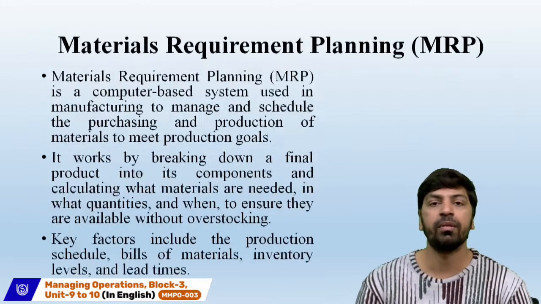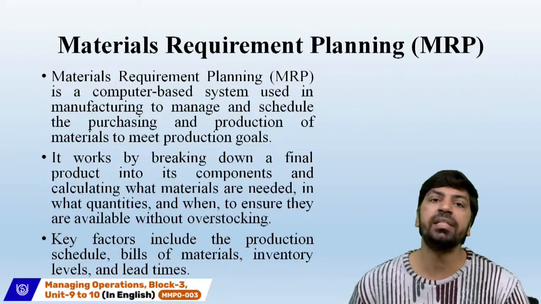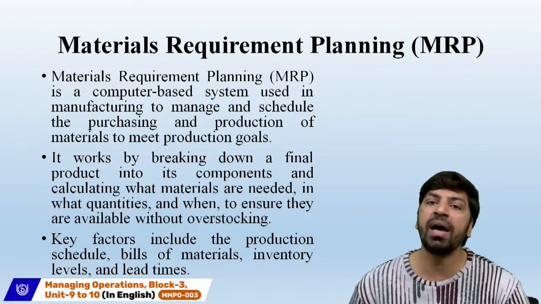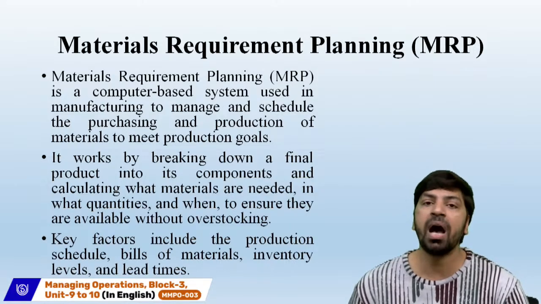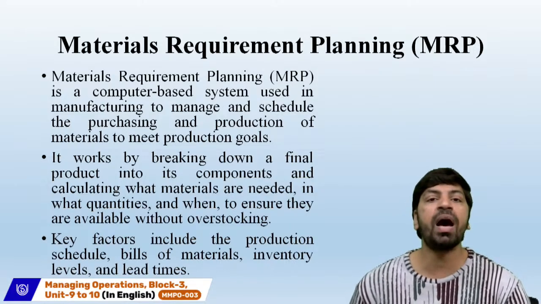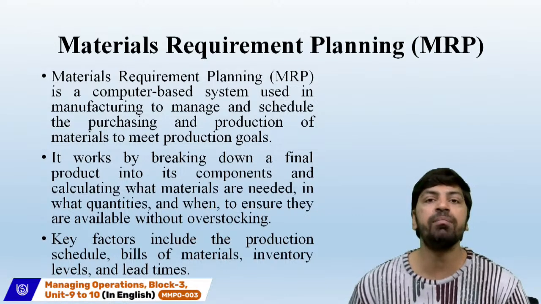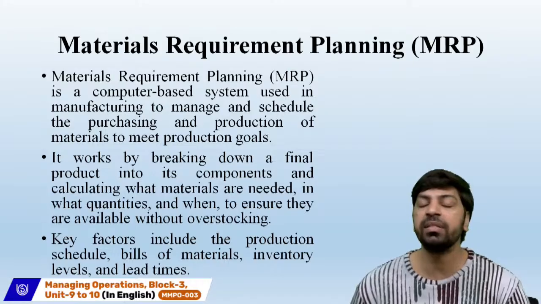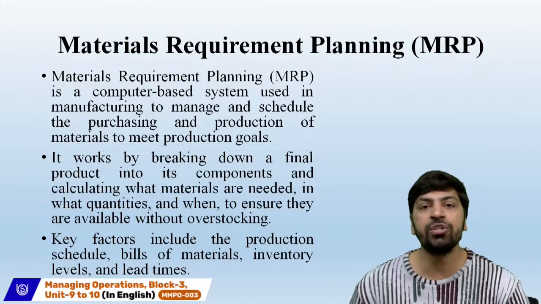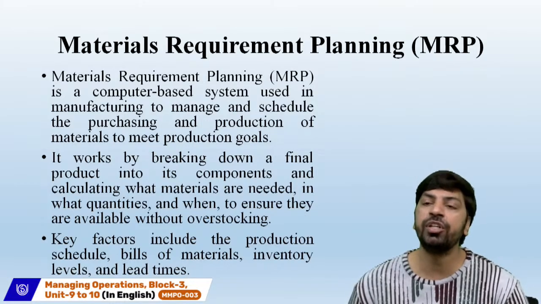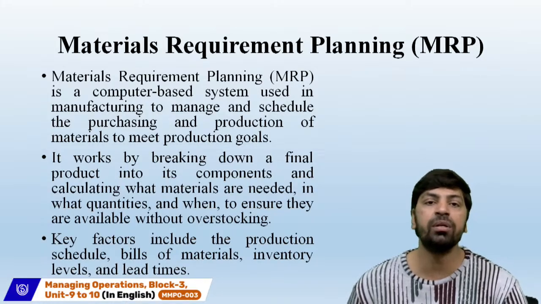The next concept is material requirements planning, and in short we can call it MRP. Material requirements planning is a computer based system used in the manufacturing process that helps the organization manage and schedule the purchasing and the production of materials to meet the production goals.